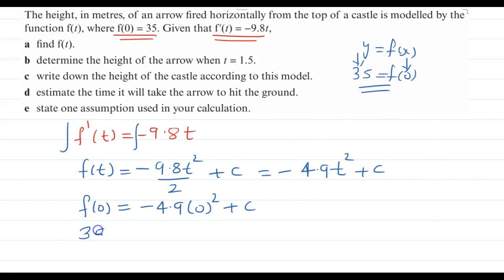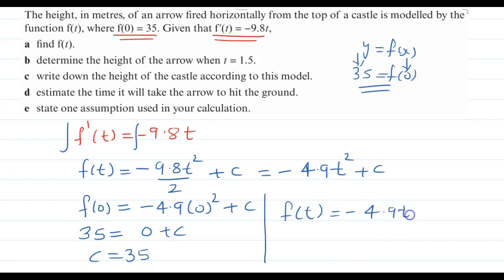So we basically got c is 35. So put the value of c here. So we got f(t) equals minus 4.9 t squared plus 35.